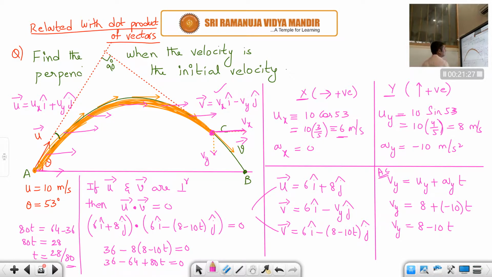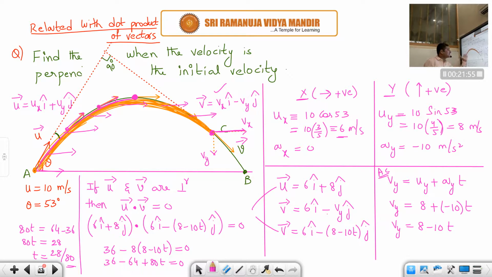And please see, students, you may have a doubt about why I took vy as minus. Why? Because until the body reaches the highest point, wherever on this path of the projectile you draw a tangent, that tangent will not make 90 degrees with the initial velocity vector.